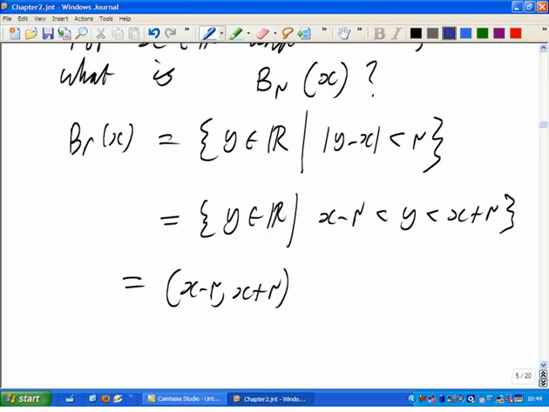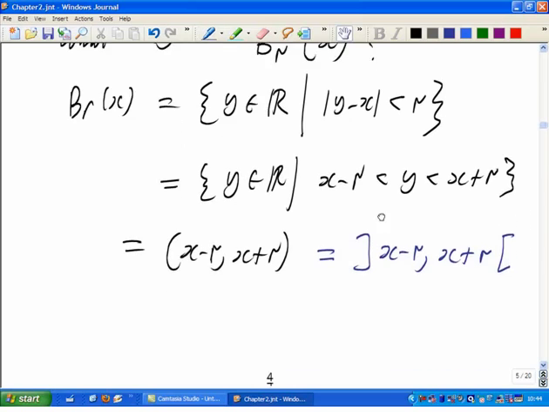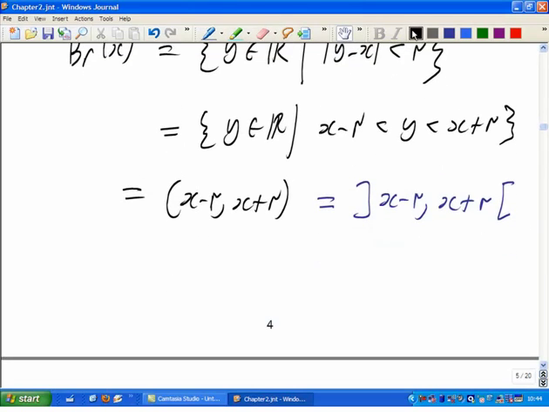which is equal to, in our alternative notation, which I'll be coming back to in a minute, I think this machine doesn't like it when I do things too quickly, and you sometimes get these funny spikes coming in, which I just have to undo. So in our alternative notation, that's (x minus r, x plus r). And we can sketch that on the real line.